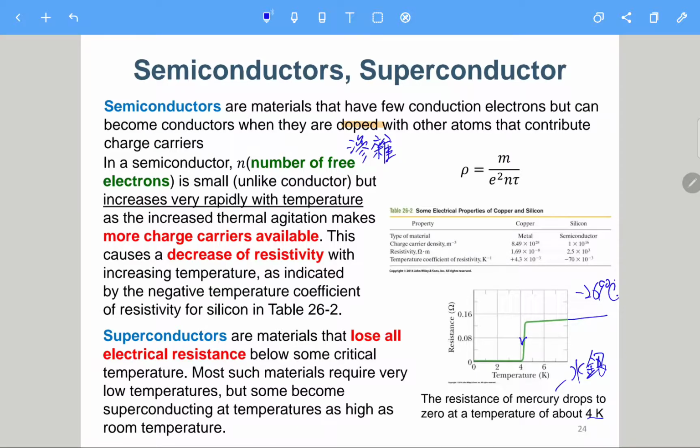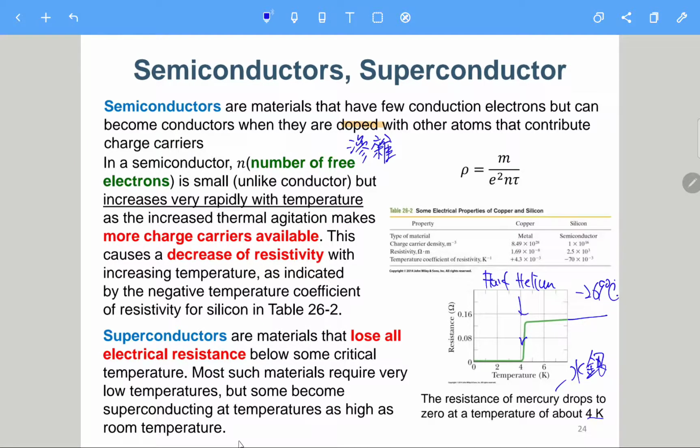So it is the superconductor effect. Actually, we really need the fluid helium to make this low temperature. Below some critical temperature, such material requires very low temperature, but some become superconducting at temperatures as high as room temperature.